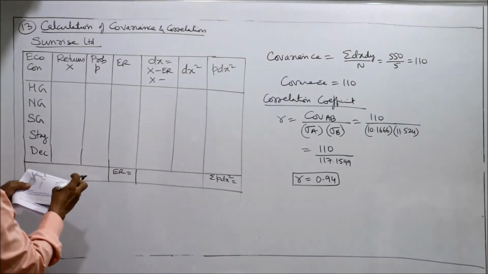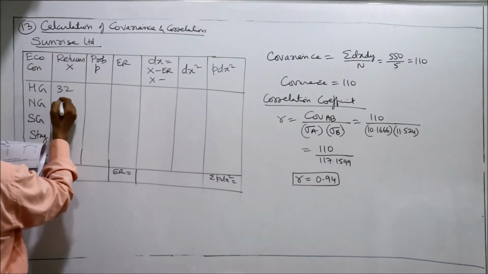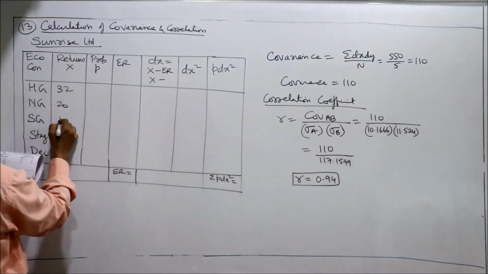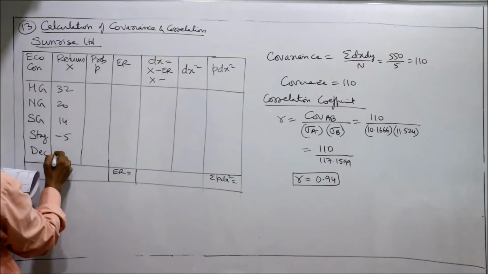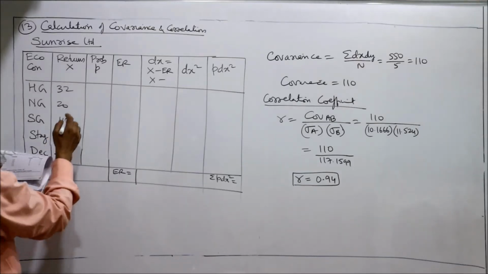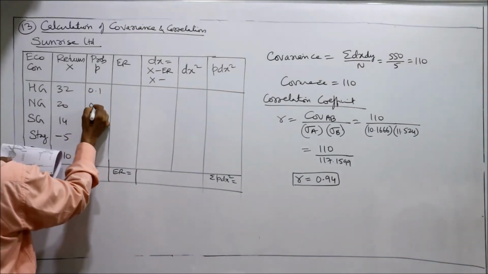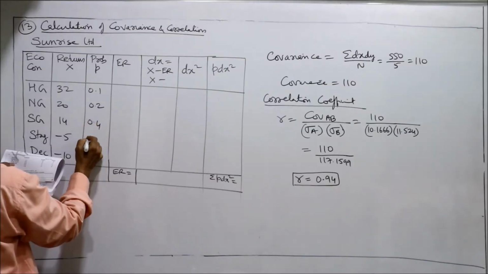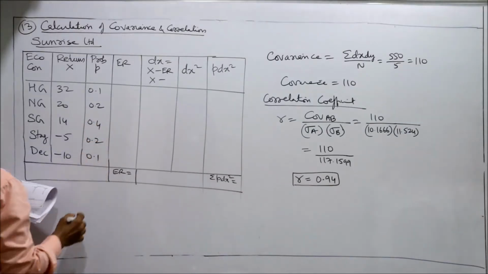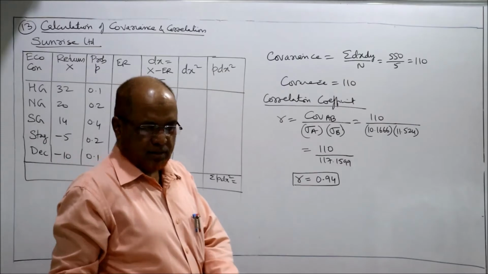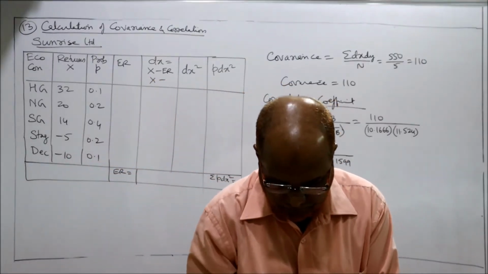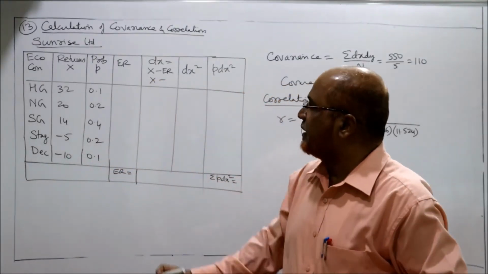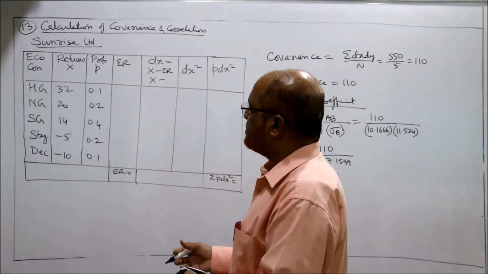Now returns of Sunrise are 32, 20, 14, minus 5, minus 10, and the probabilities are 0.1, 0.2, 0.4, 0.2, 0.1. That's it. Now we multiply the returns with the probability to get expected return.